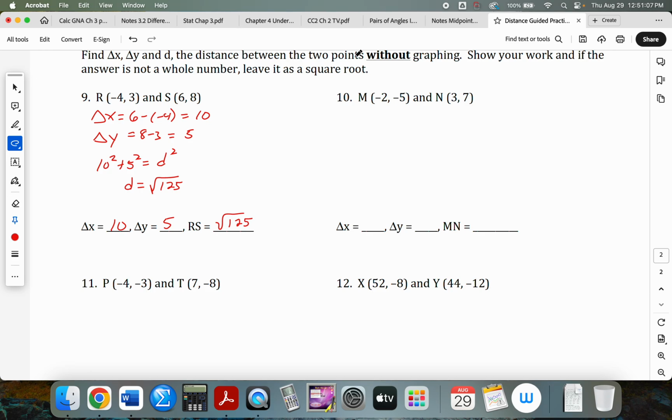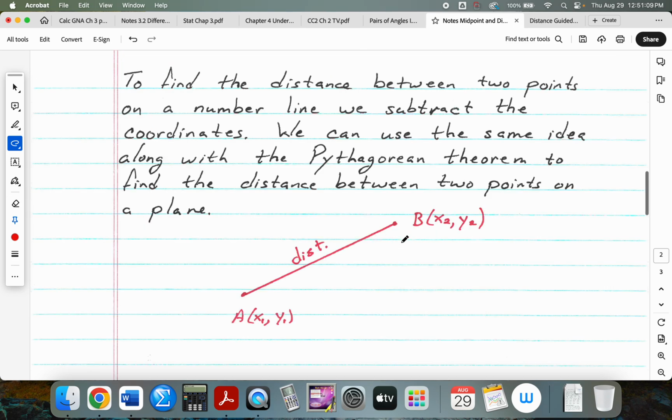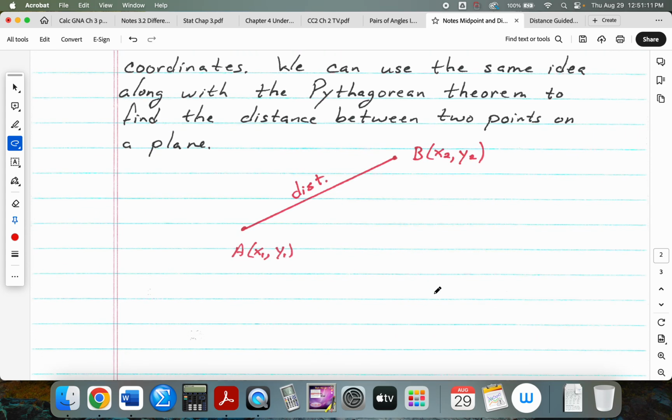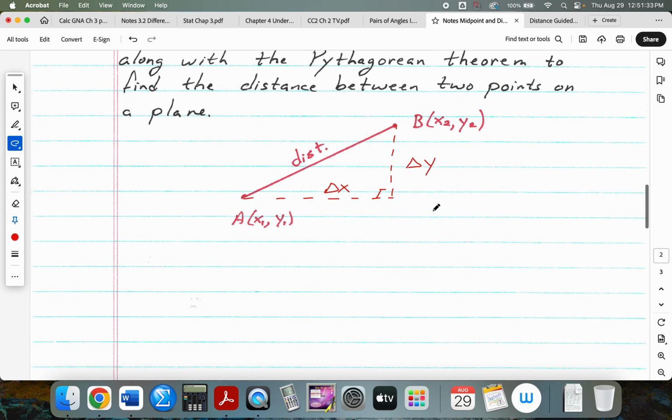Right? Let's go back to this. So what we could do is think about this little triangle where this is delta x and this is delta y. The change in x and the change in y are the difference in x and the difference in y, and we could do the Pythagorean theorem.